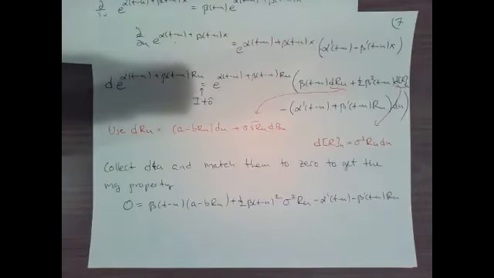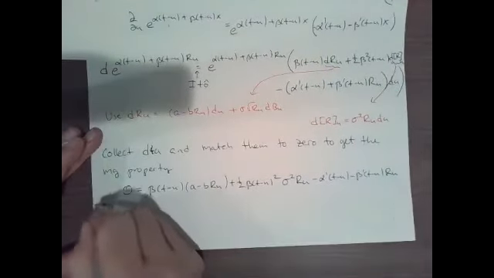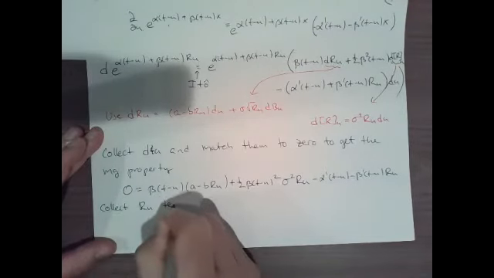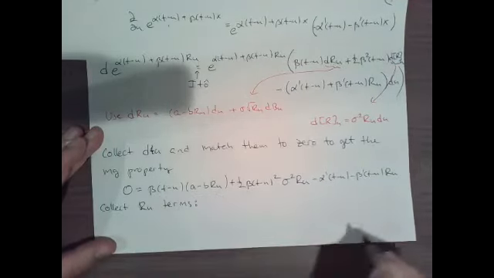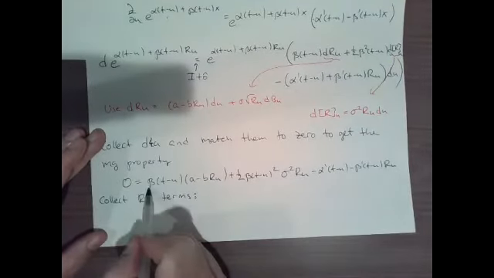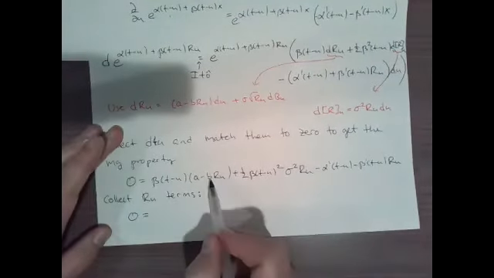So we need to be able to solve this thing. Quite similar to what we had last time. What we're going to do now is collect r_u terms, and I'll match them up to 0. So there's an r_u term here.